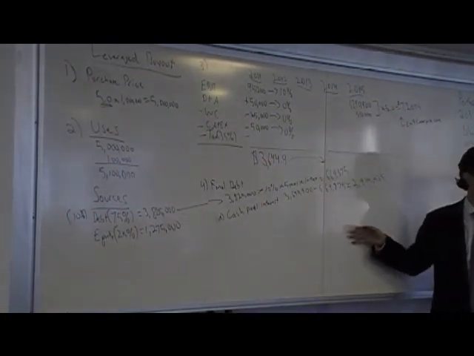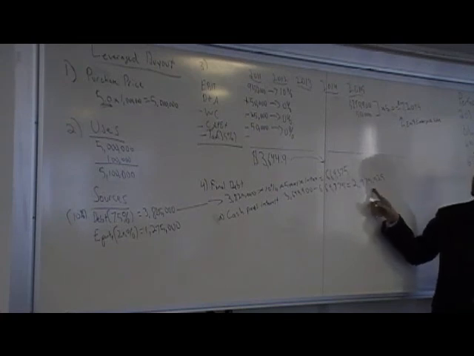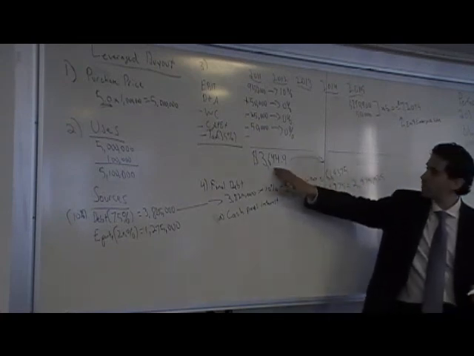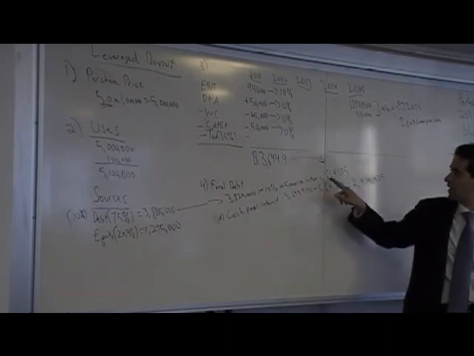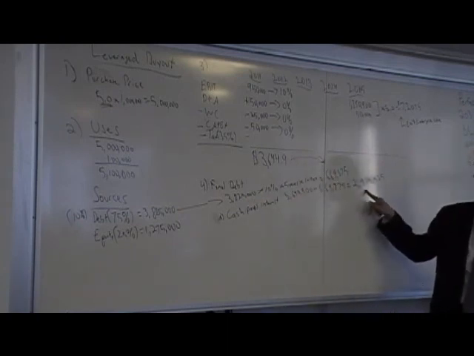Everyone okay up to here? So we added up the cash, this is the final debt, calculated the interest, and cash pays the interest. This is what's left over. What do we do with what's left over?